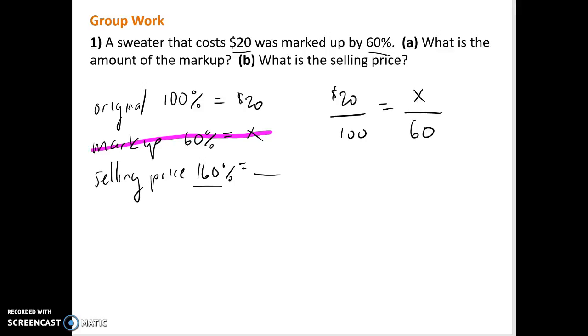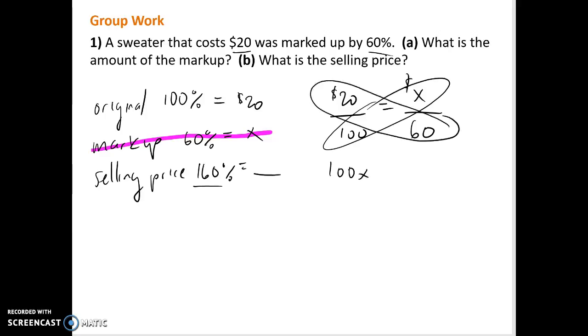I took the information directly from the list that we made, and I kept it dollars over percent. So cross multiply, get 100x equals 1200. Divide 100 on both sides, and we get x equals 12.